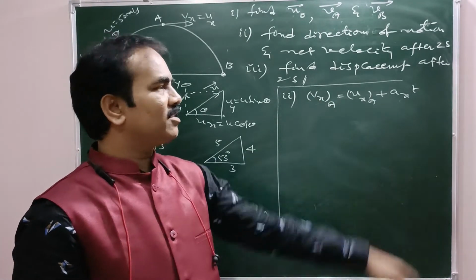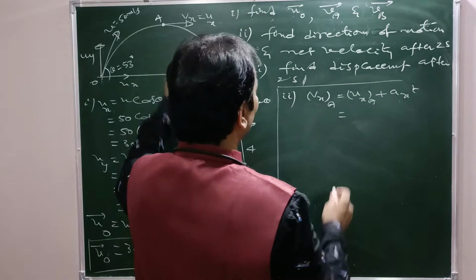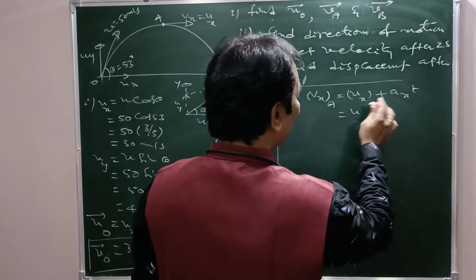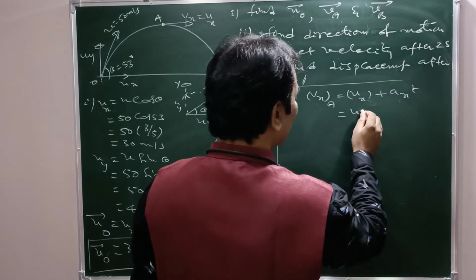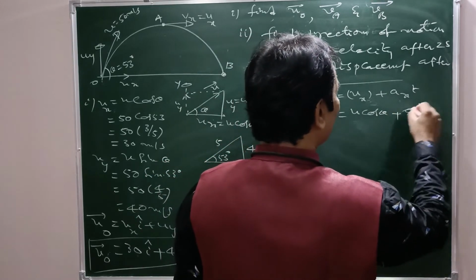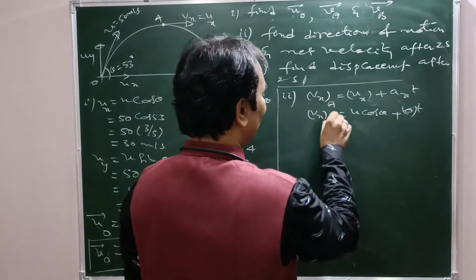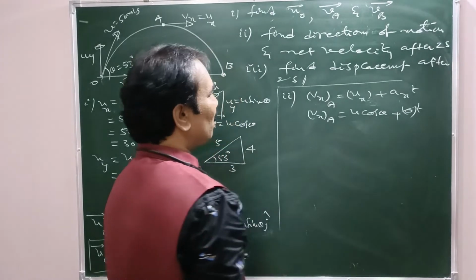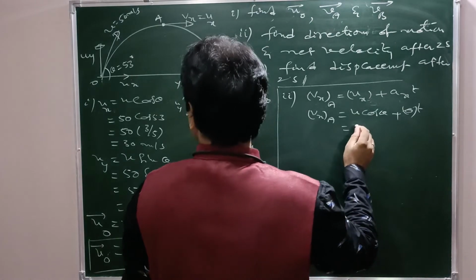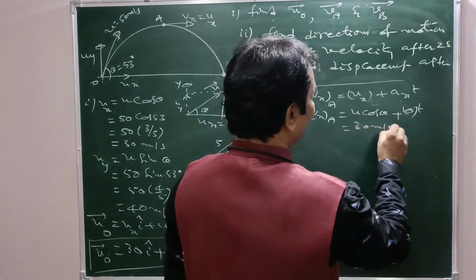That is u cos theta plus ax, which is 0, into t, because there is no acceleration along the horizontal. So Vx at A equals u cos theta, which we already found to be 30 meters per second, right?